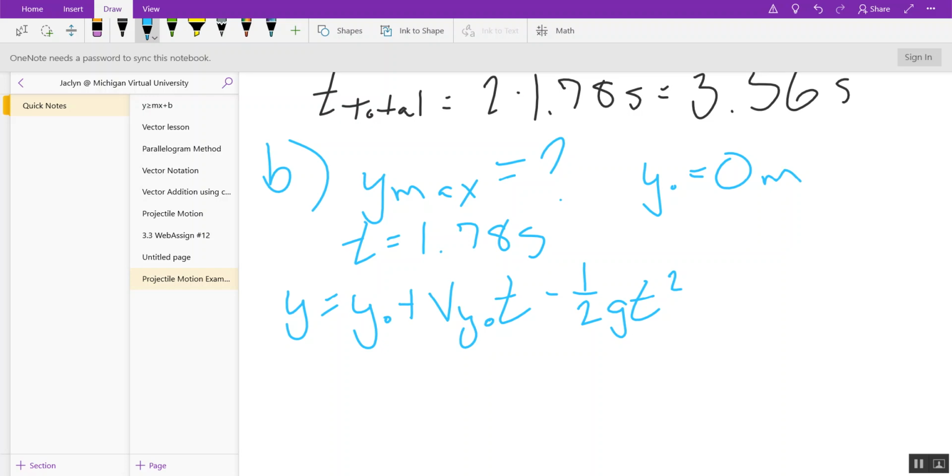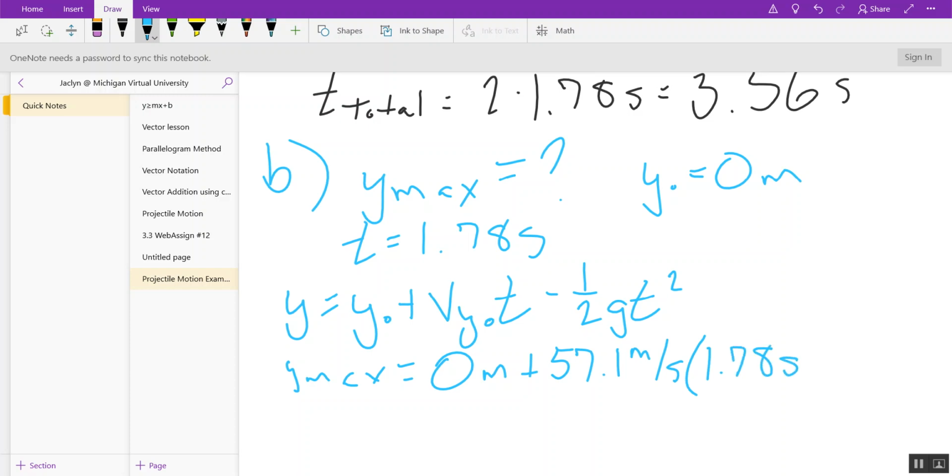So right now, we're going to try and find our y max is equal to 0 plus our initial y velocity of 57.1 feet per second times our time of 1.78 seconds minus 1/2 times g, 32 feet per second squared, running out of room, times 1.78 seconds, and make sure you square that.